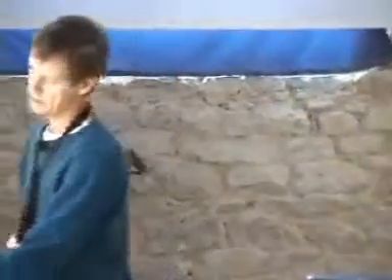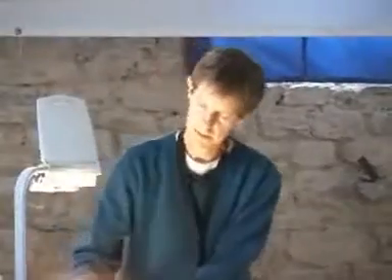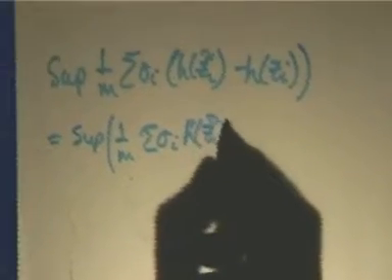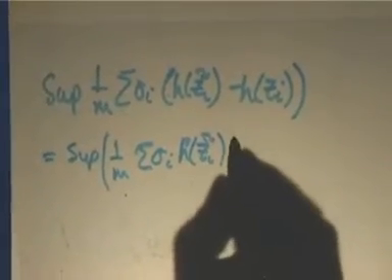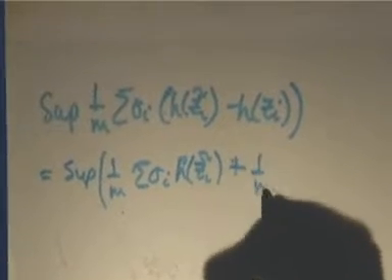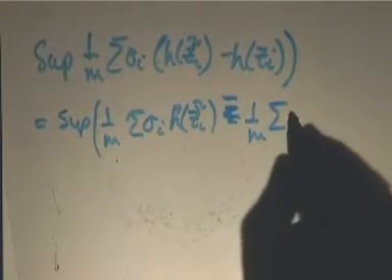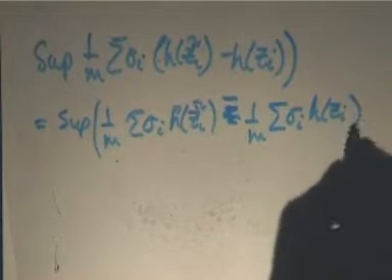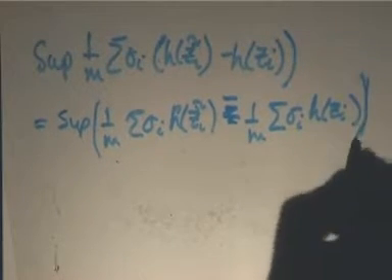So there's that quantity. The first thing we do is that's the sup of 1 over m sum sigma_i h(z_i tilde) plus 1 over m, minus 1 over m sum sigma_i h(z_i). Okay.